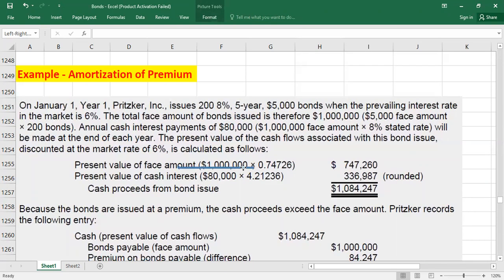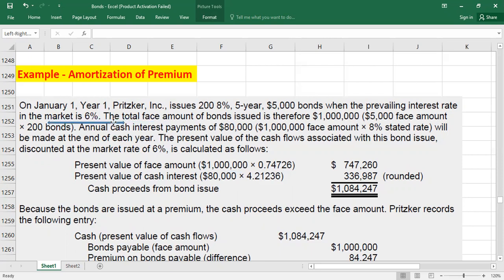And the face value we will always multiply by the present value factor, and you can look up this factor from the present value of dollar one table. This is the name of the table, present value of dollar one table. You will always select the present value factor at the market rate, and your market rate is 6%.